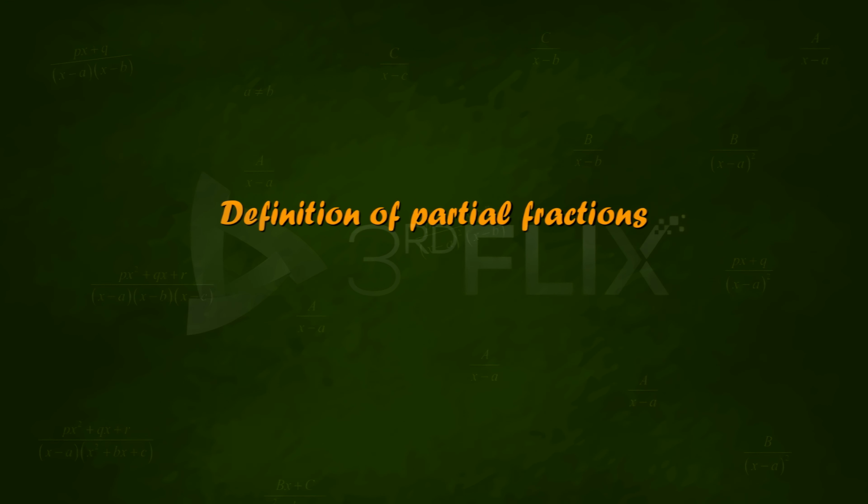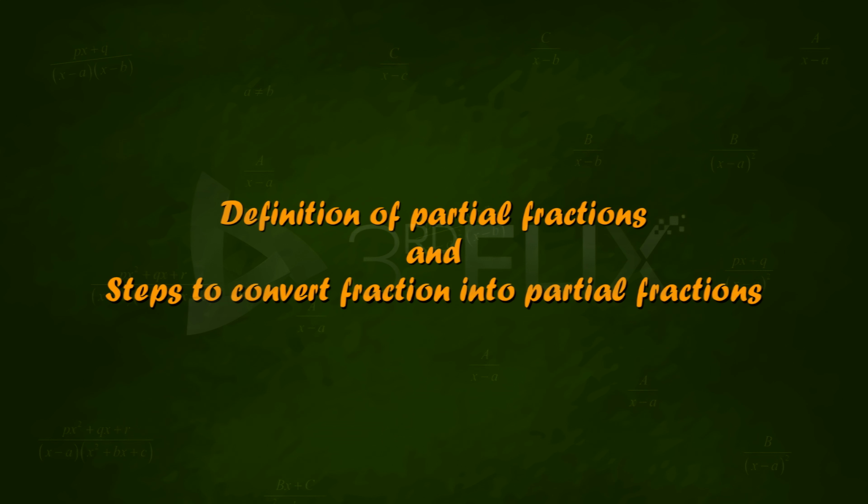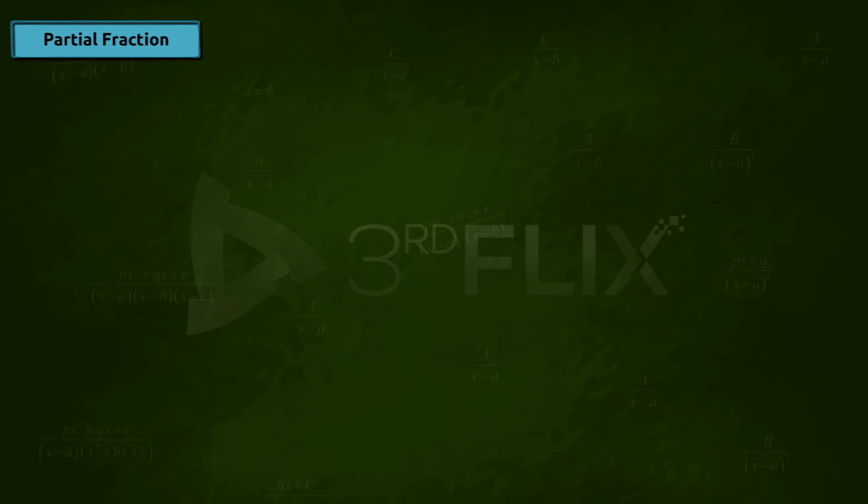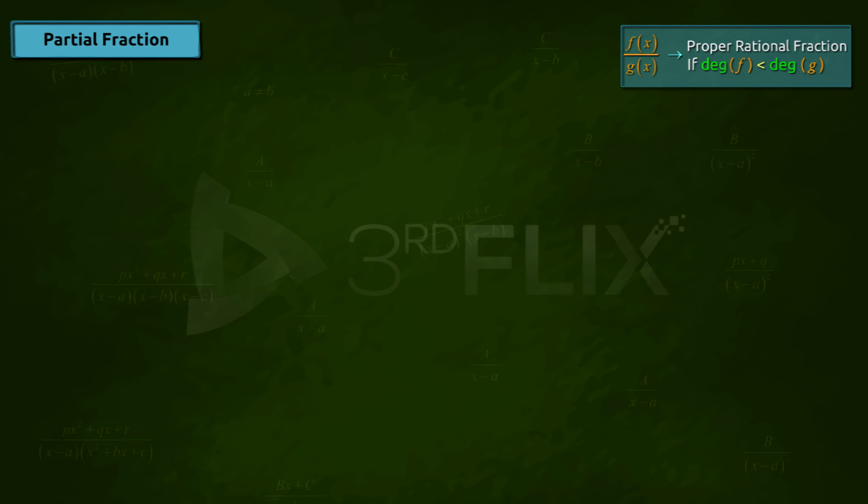Definition of partial fraction and steps to convert a fraction into partial fractions. Partial fractions: recall that a rational fraction f(x) by g(x) is called a proper rational fraction if the degree of f(x) is less than the degree of g(x).